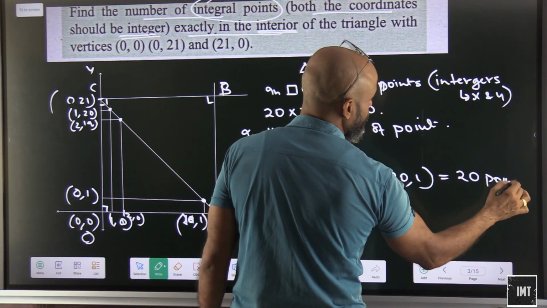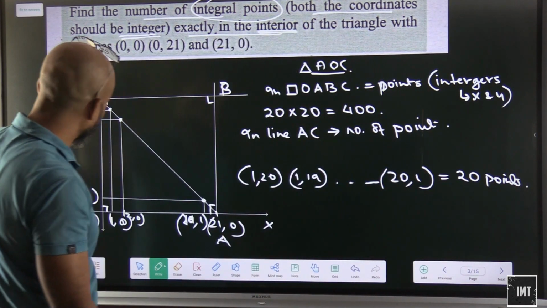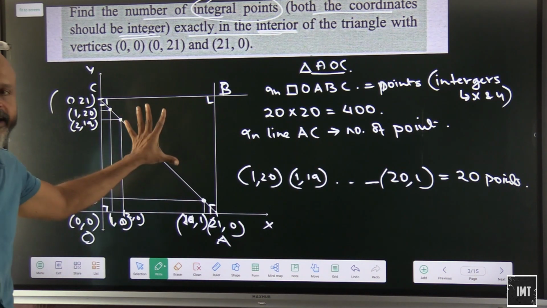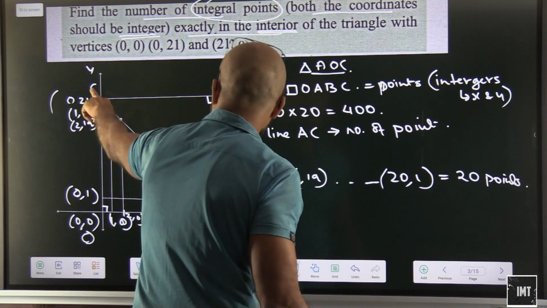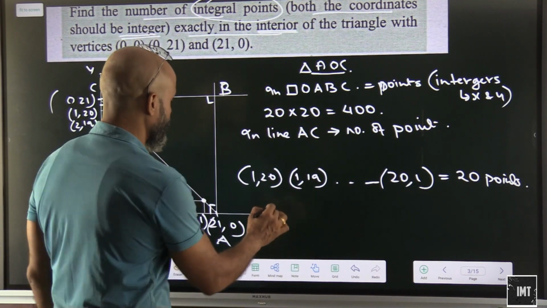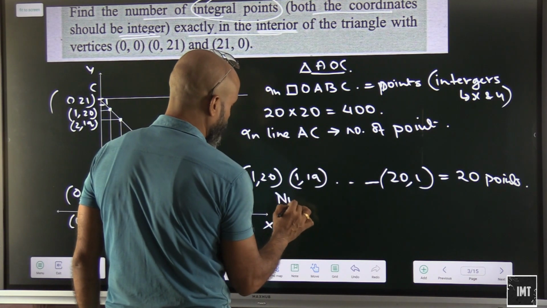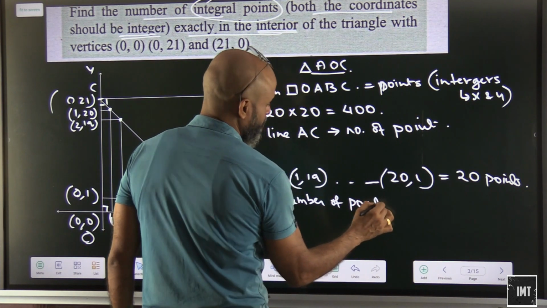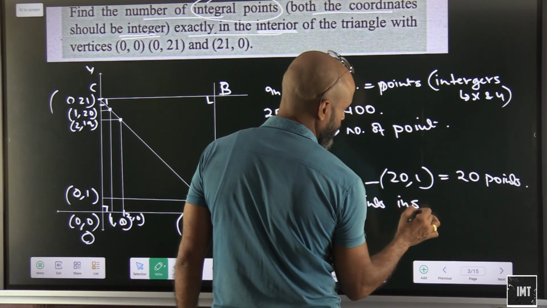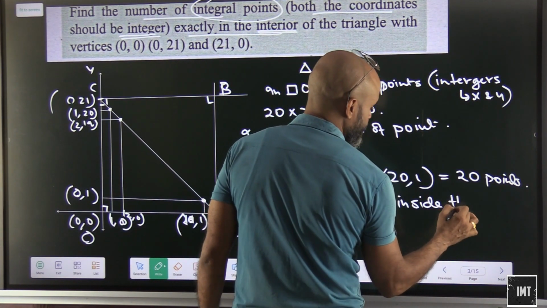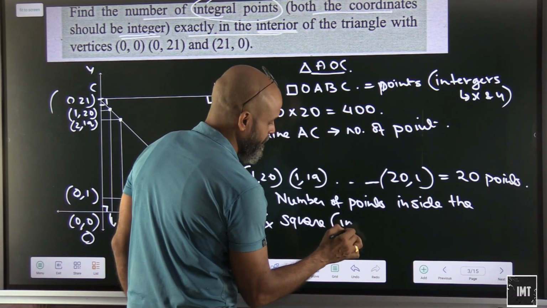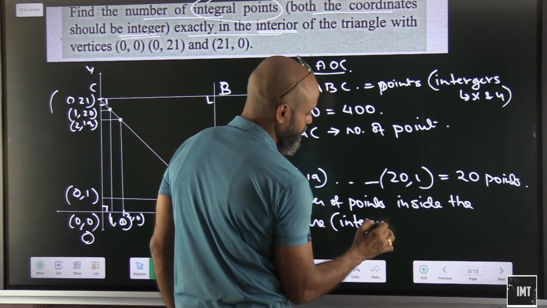20 points. Okay, so if we happen to exclude this line, we have a total of 400 points inside the square. Again, these points are integral points, integer points.